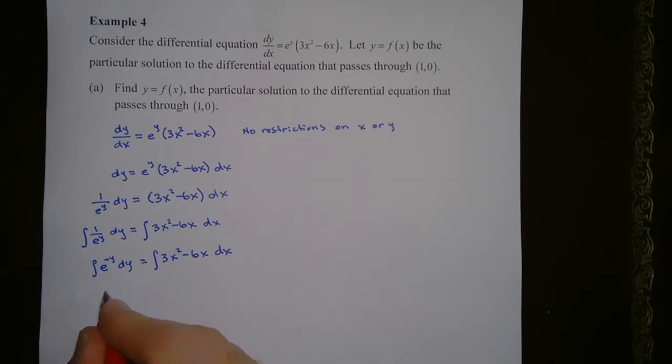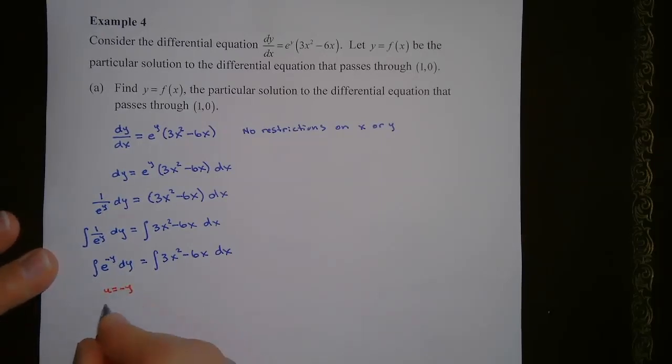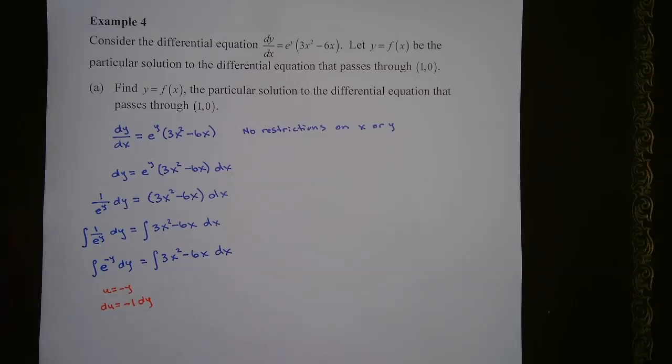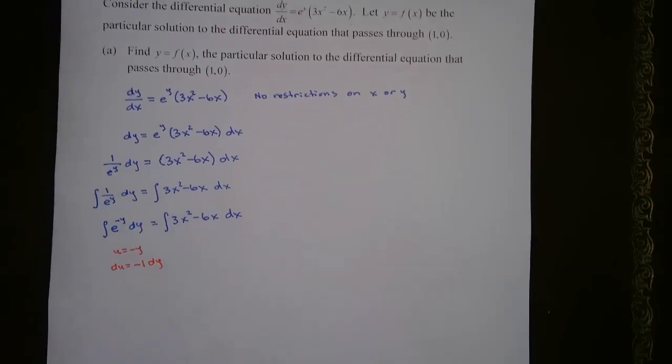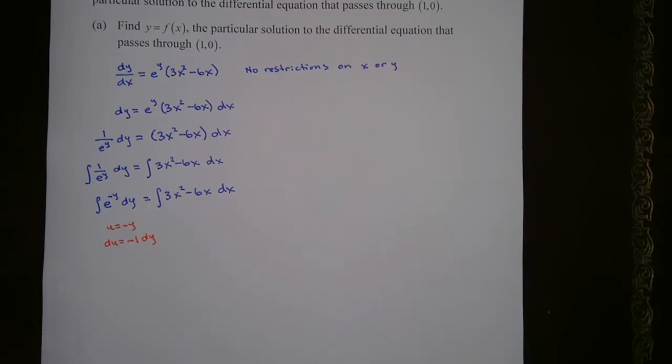But if we let u equal negative y, then du would be negative 1 dy. And then this becomes e to the u, and we're going to be able to integrate it. All right. Now, we need a negative 1 dy here, right? So if I multiply by negative 1 and also multiply by negative 1 dy, I'll actually still have just dy.